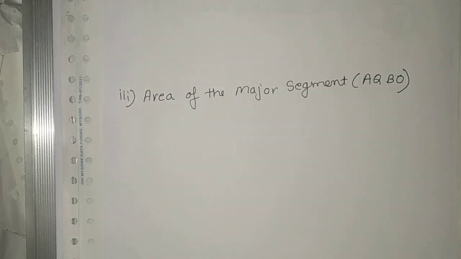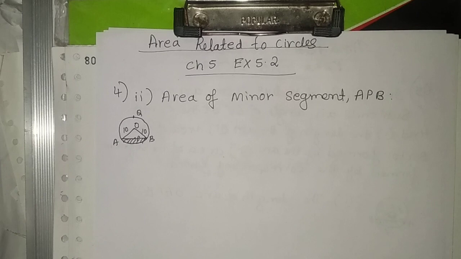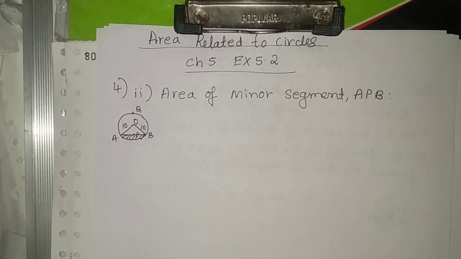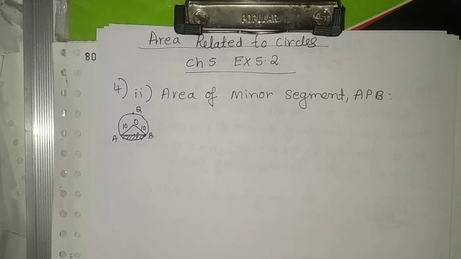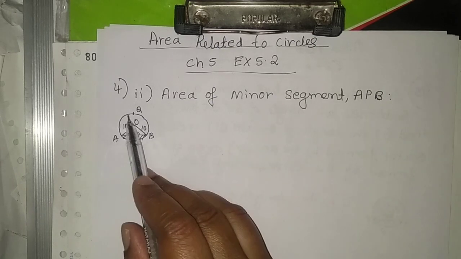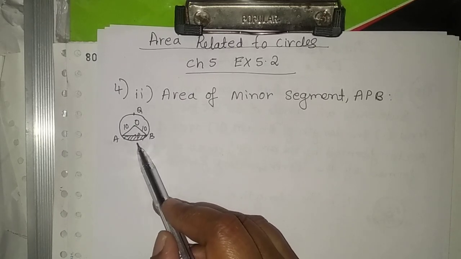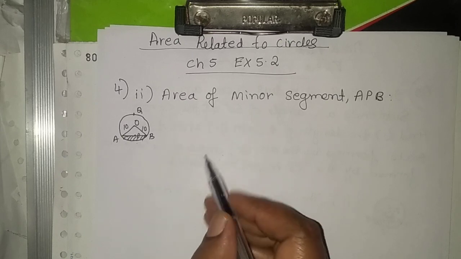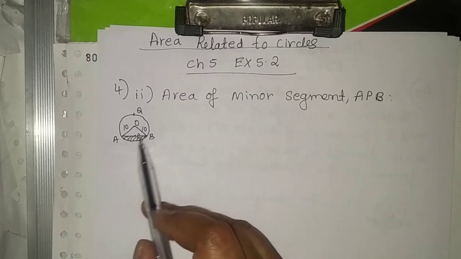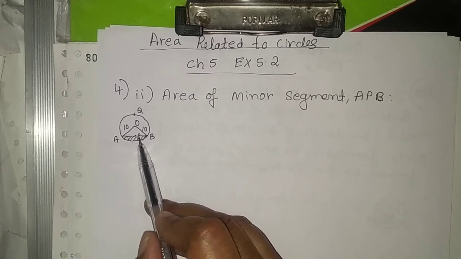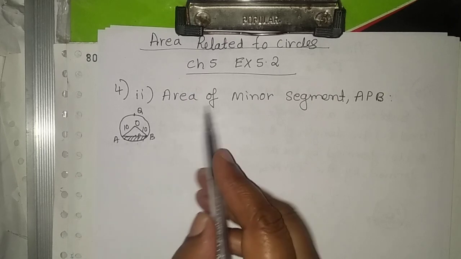Next we move on to the second sub problem, that is the area of the minor segment APB. Once again I have drawn the diagram again. This is the same thing. So the area of the minor segment APB we have to find out.